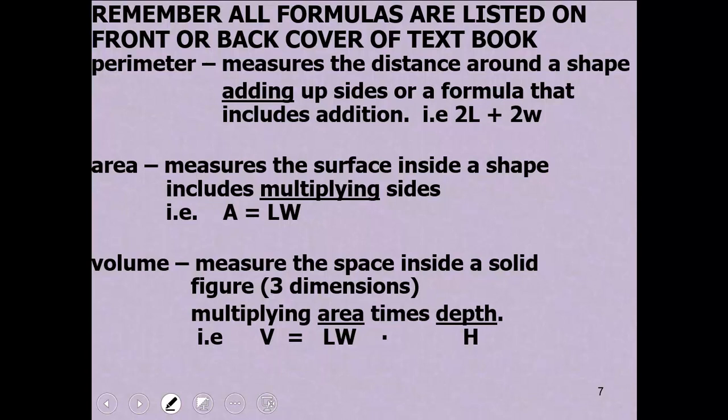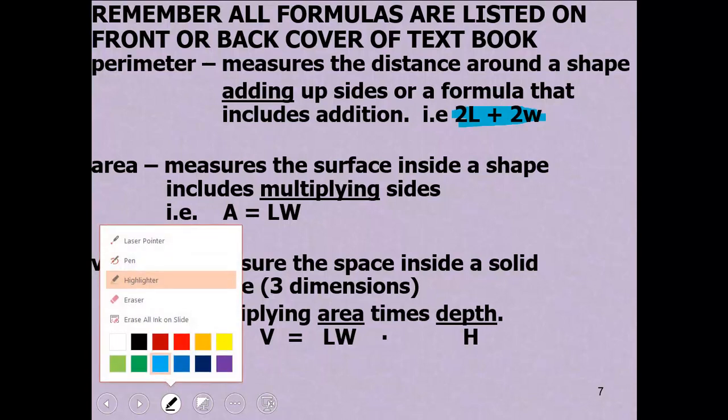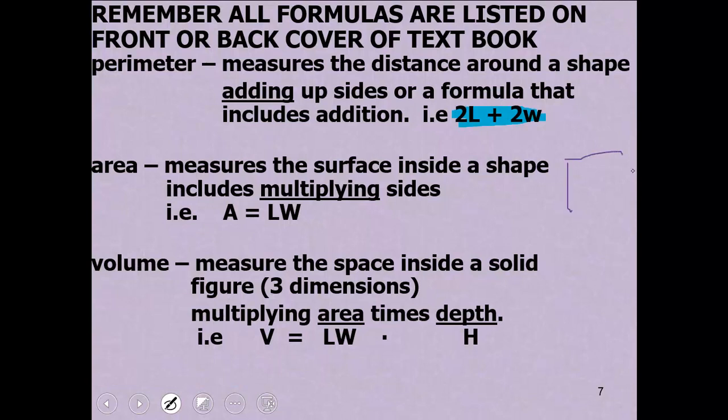Generally, your perimeter formulas are going to have some kind of addition with them because you're going to be adding up sides. If some of your sides are the same, then you could multiply and add. Like the perimeter for a rectangle is twice L plus twice W because your lengths are both the same size and your widths are both the same size. Area measures the surface inside a space.